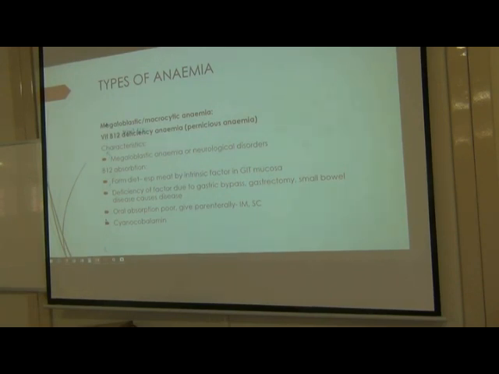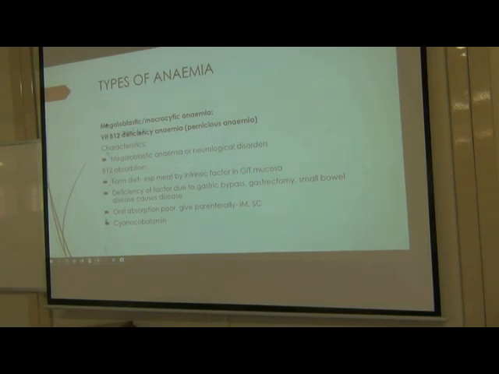So how do we know if someone has vitamin B12 deficiency anemia? They will present with neurologic disorders, or when we check, usually what needs to be done is that a blood sample is taken, and then you microscopically check what the red blood cells look like, to be able to tell what kind of anemia the patient is presenting with. Okay? If the patient has anemia, what are the clinical signs that you would see?